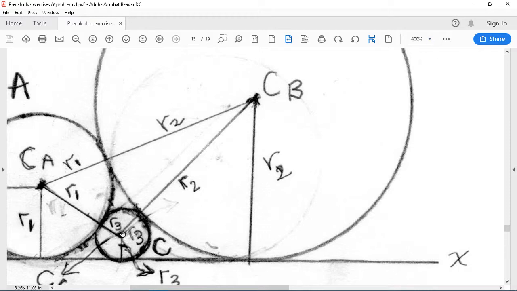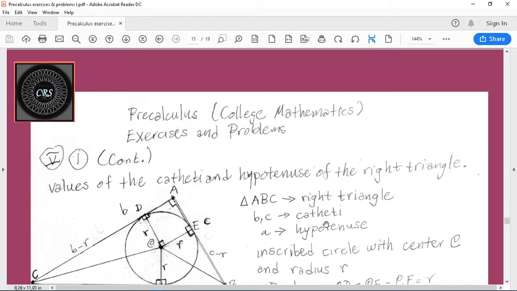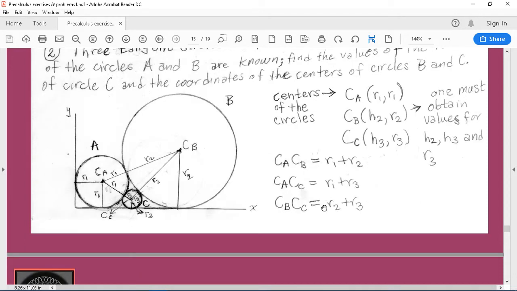In the same way, we can see that CBCC equals R2 plus R3.